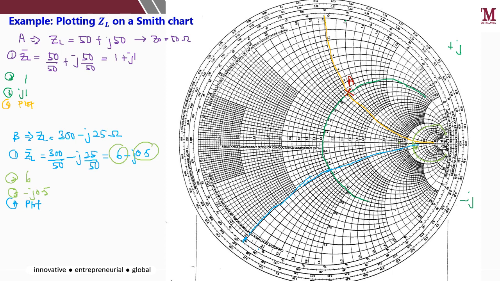Maybe here, and you can label it as B. Okay, so as simple as that. So the normalized impedance values are at those points, A and B.